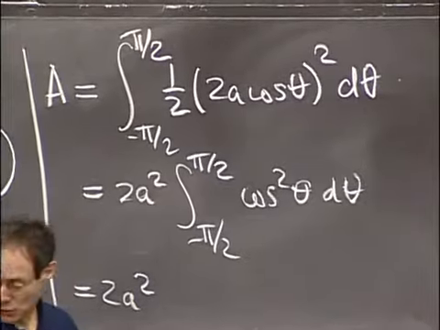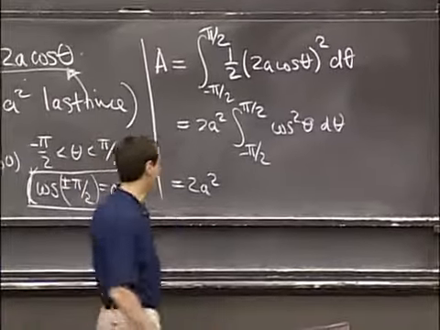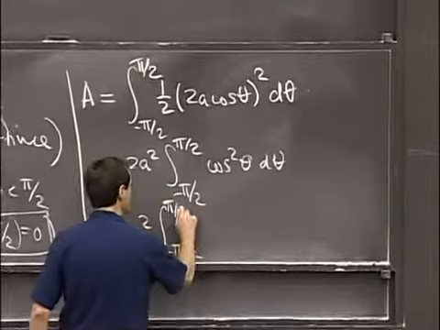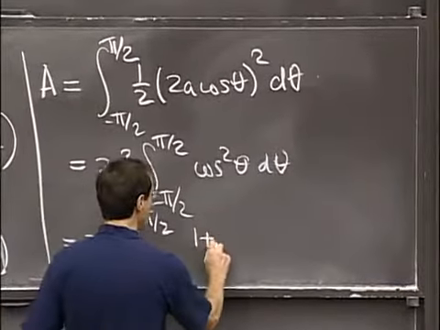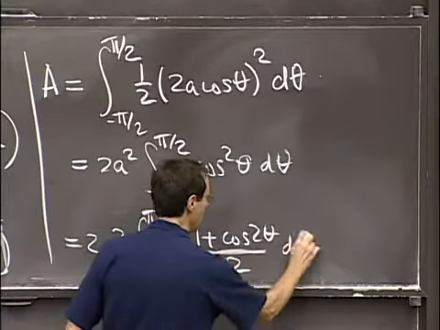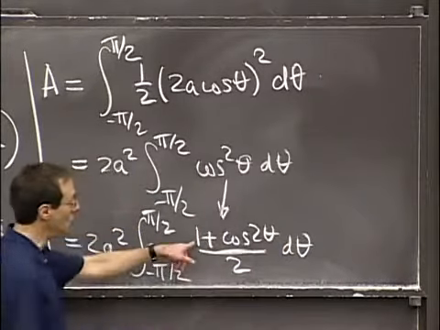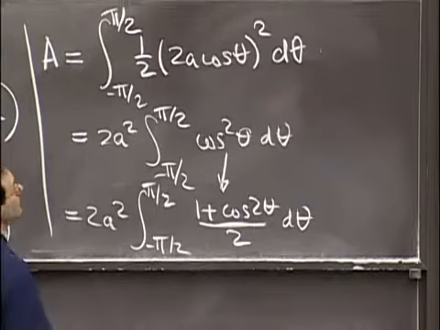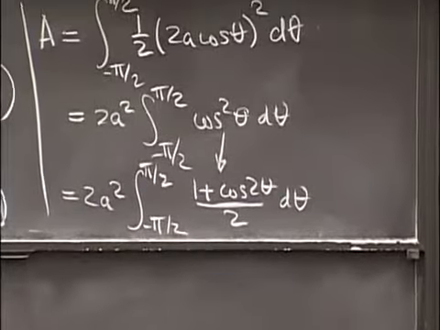So for example, there's a formula, and this will be on the exam too. The correct formula to use here is that cosine squared theta is (1 plus cosine 2 theta) divided by 2. So that's the substitution that you use for the cosine squared in order to integrate it. That serves as a little review of trig integrals.